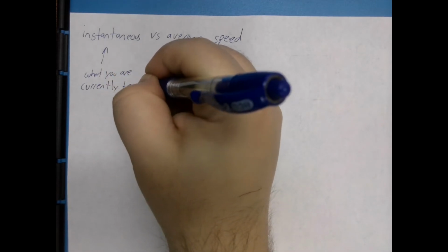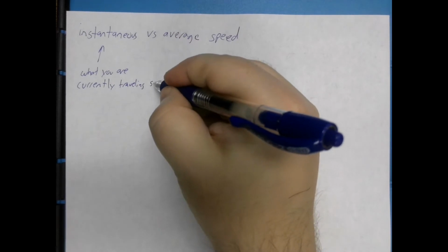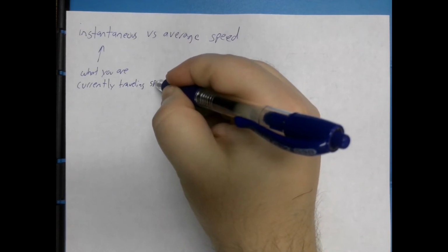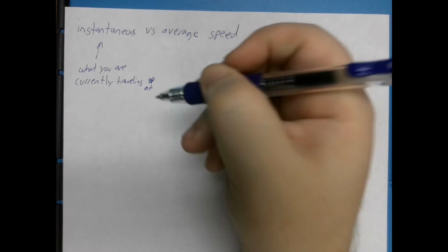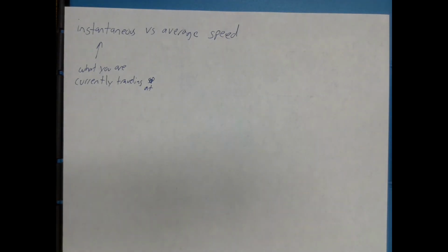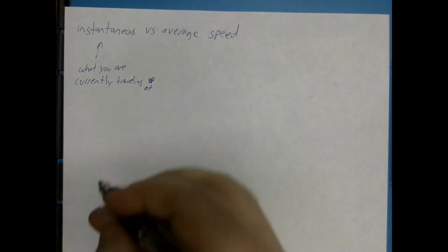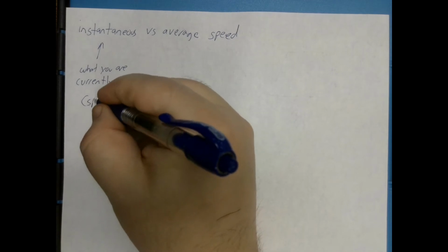What's an example of an instantaneous speed? What's something that measures your instantaneous speed? So that'd be like your speedometer.